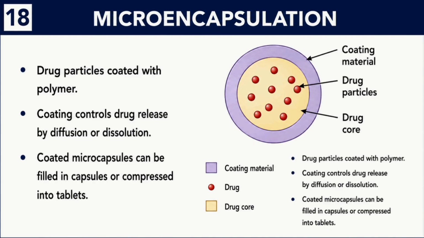If there are three types of formulations, we can combine them so that each releases at a particular time. Suppose there are yellow color particles that release the drug in, let us estimate, 15 minutes. After 15 minutes it will be out.